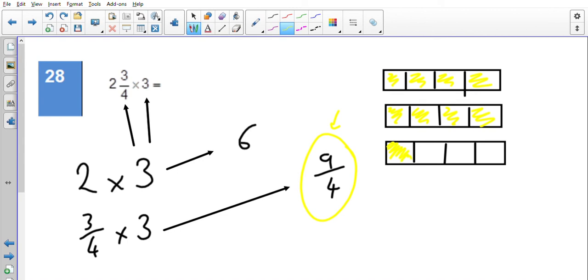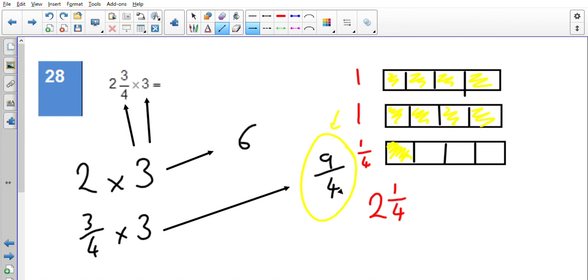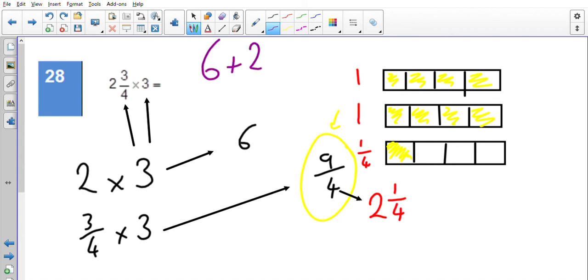So what this is telling me is that 9/4 is actually the same as 1 whole, 2 wholes, and 1/4. So 2 1/4 is the same as 9/4. Okay, 4/4 in a whole, 9/4 is 2 1/4, which then means I have my 2 elements I can put back together now. I have 6 plus 2 1/4, which is simply going to give me 8 1/4.